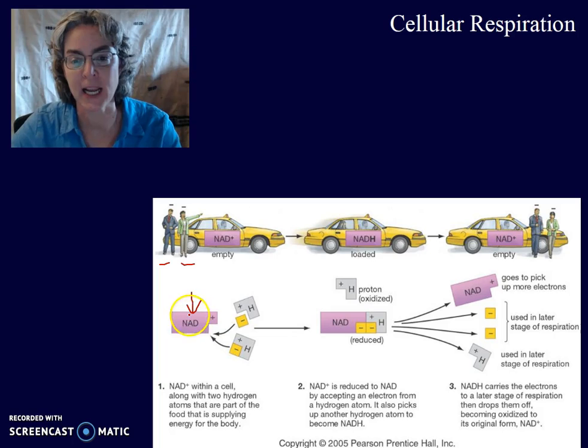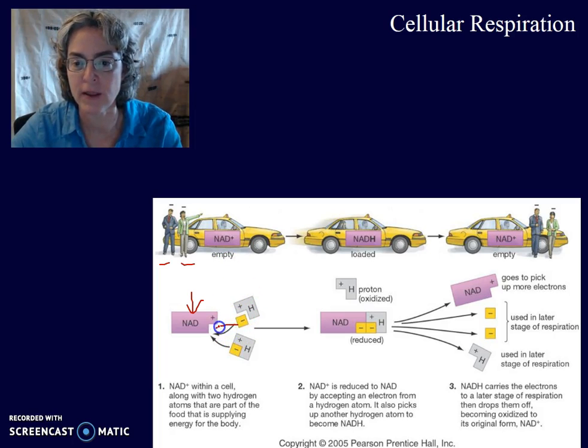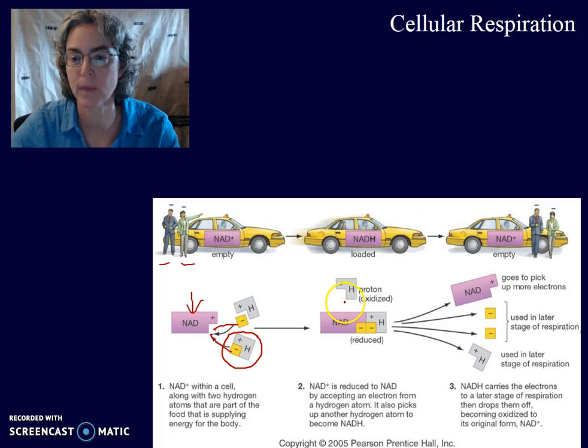So first, you can think of NAD plus as a taxi. So they get in this taxi. Here they are, they go into this taxi along with 1 hydrogen to make this molecule right here, our NADH molecule.